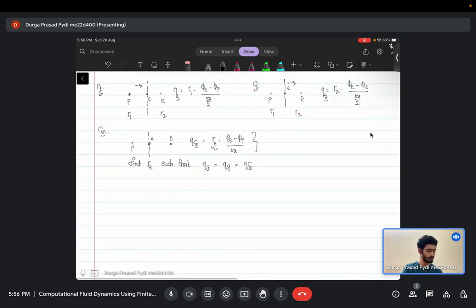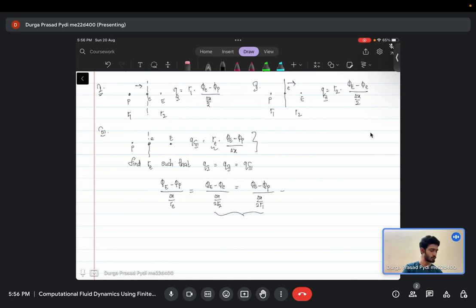If I just write these equations, I'll get something like phi capital E minus phi capital P by delta x over gamma E equals Q2, which is phi capital E minus phi little e by delta x over 2 gamma 2, and that equals Q1, which is essentially phi little e minus phi capital P by delta x over 2 gamma 1.